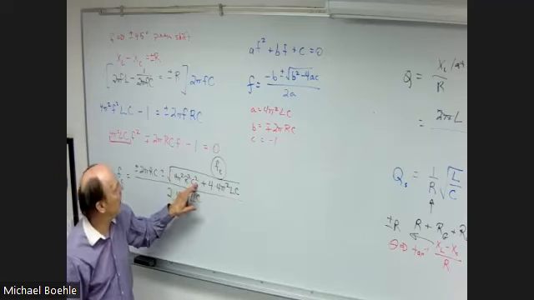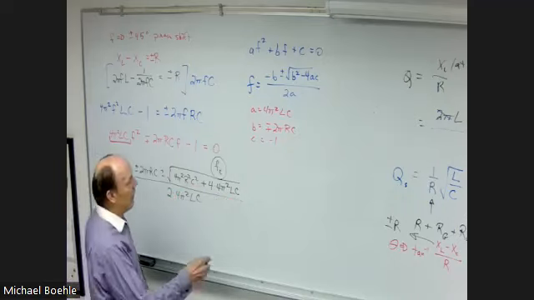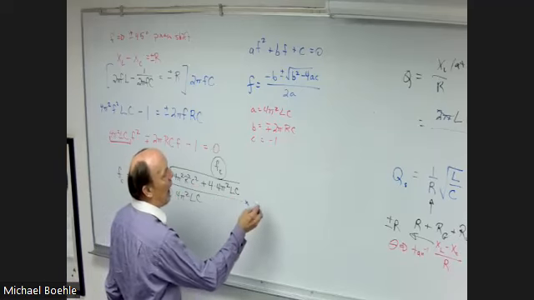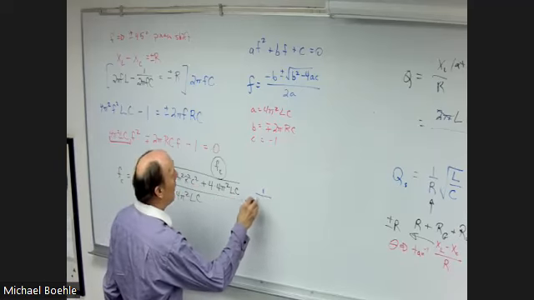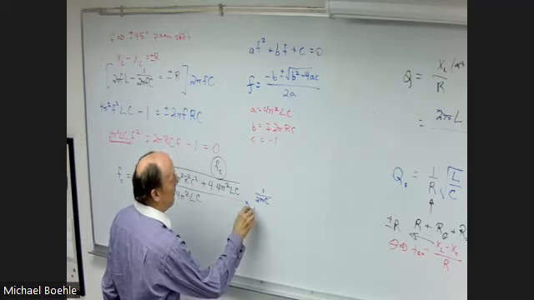Both of these have a C, this has a C squared, that has a C, so I can probably do something with that as well. So what I'm actually going to do is multiply this whole thing by 1 over 2 pi C.